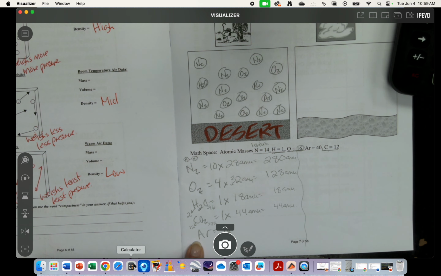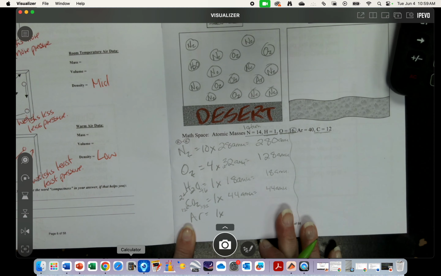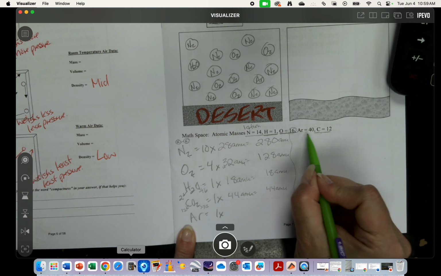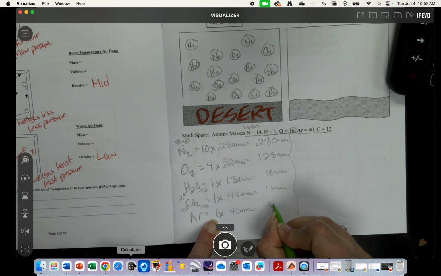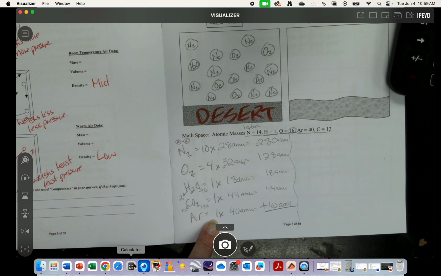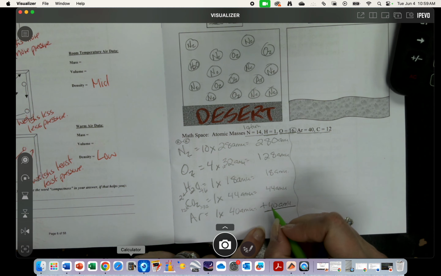And finally, Mr. Argon. Argon has a mass of 40. We have 1 of them, so that's 1 times 40, and that's 40. Let's add them up. What do we get? 510? Does everyone agree? Do we have consensus on that? It's always good to have a check, right?